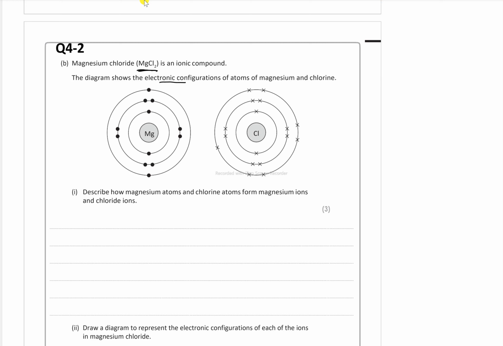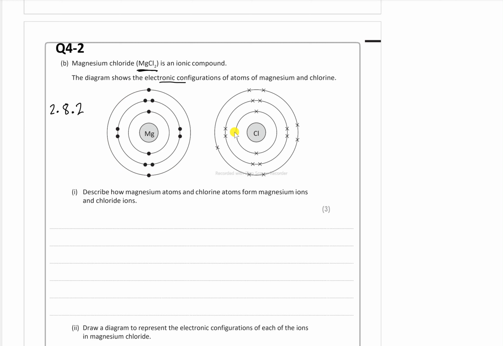If I had to do this as a number, I would say 2 on the first, 8 on the next, and then finally on the outside shell you've got 1 and 2. That's it. So it'll be 2, 8, 2.